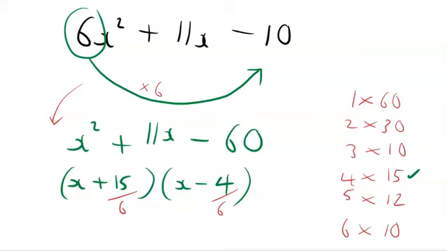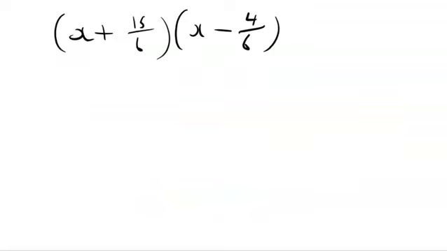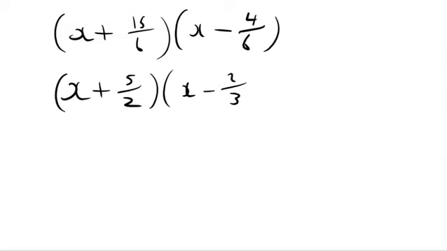Okay, then what you do, you simplify these two fractions, 15 over 6 and 4 over 6, and what we get will be this x plus, I divide by 3, I get 5 over 2, and here I will get x minus 2 over 3.